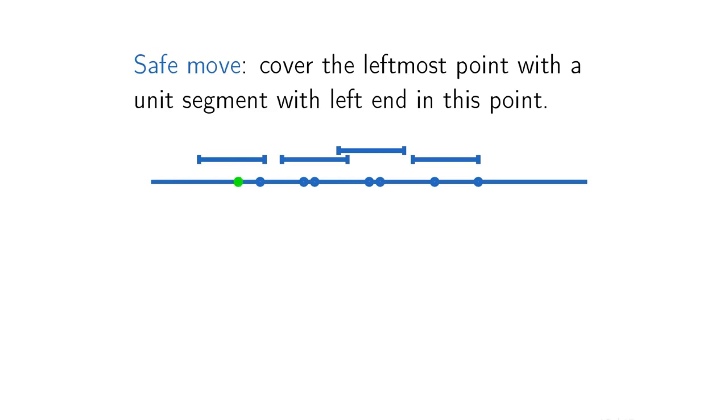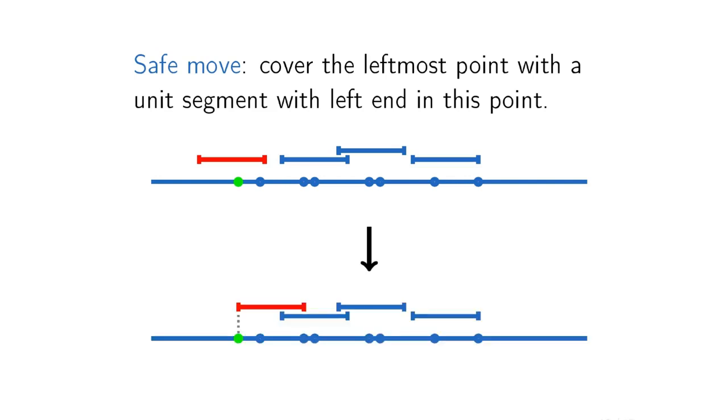Let's consider the leftmost point, colored in green. It is covered by some segment, colored in red. Now, let's move this red segment to the right until its left end is in this leftmost point.